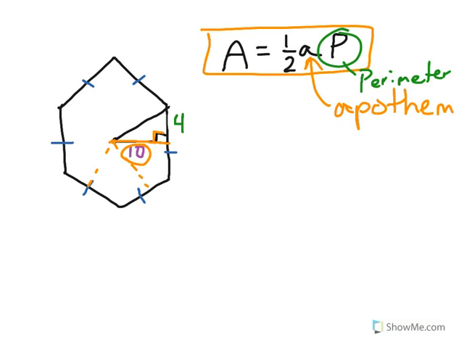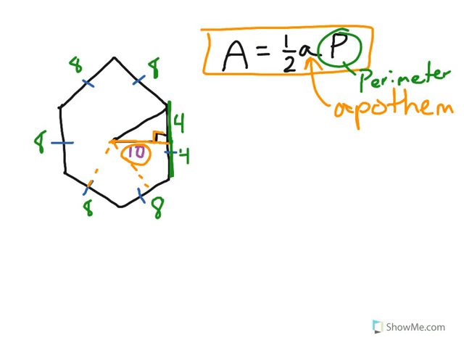All right, if I were to look at this drawing right here, and I can see that this piece right here is 4, but I know that the apothem is always going to be hitting right in the middle of it, well, then that means that this piece right here is also 4, which means that an entire side here is 8. So if I have 8 there, it means I got 8 here, 8 here, 8 here, 8 here, and 8 here.